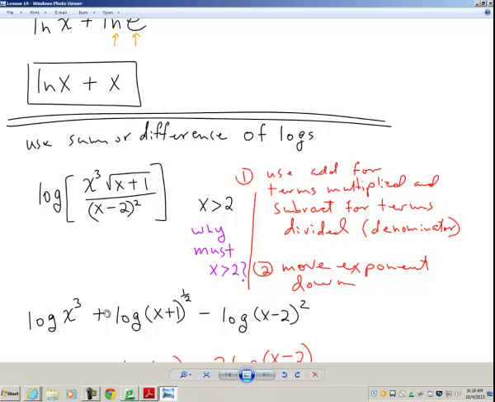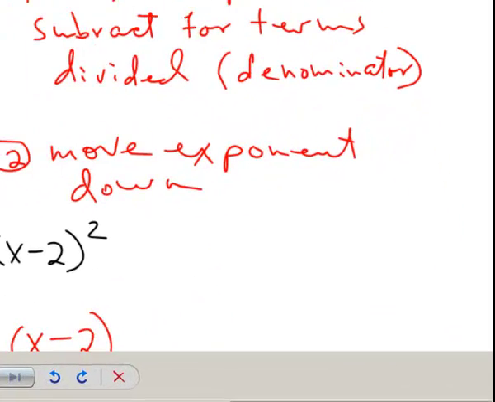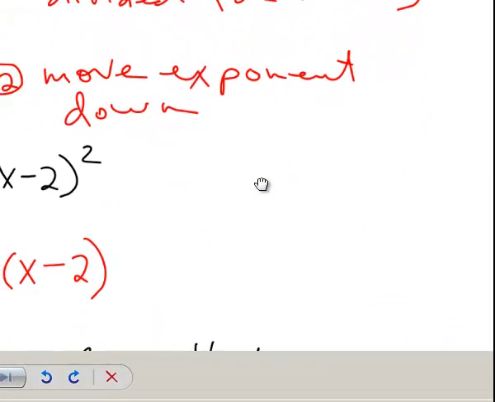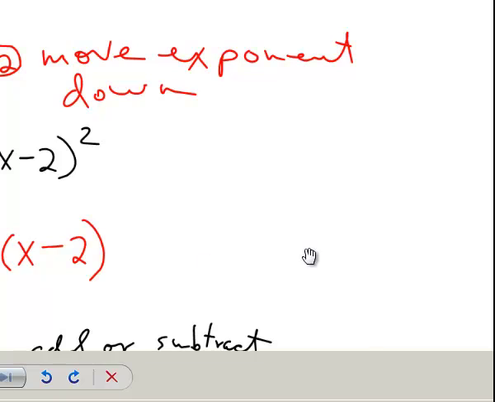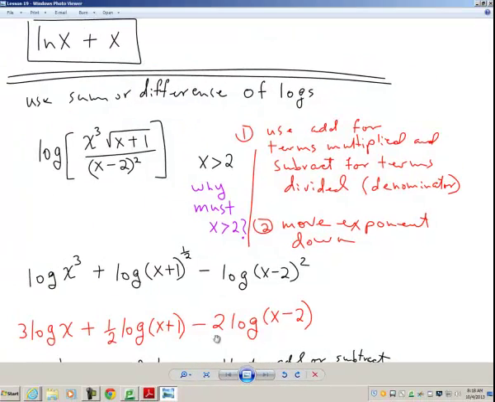Okay? Now, once we expand it, now we can move each one of these exponents down. Can't do it until you expand these first. So the 3 moves down, the 1/2 moves down, and the 2 moves down. Okay, now you see this x plus 1 and x minus 2 in parentheses?